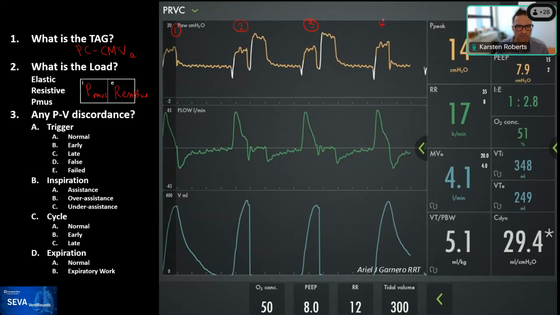So we see 4 different breaths on this screen, and I wanted to call your attention first to the flow waveform in the first breath and the 4th breath. If you said elastic or resistive or PMUS, do those two breaths change your opinion in any way?